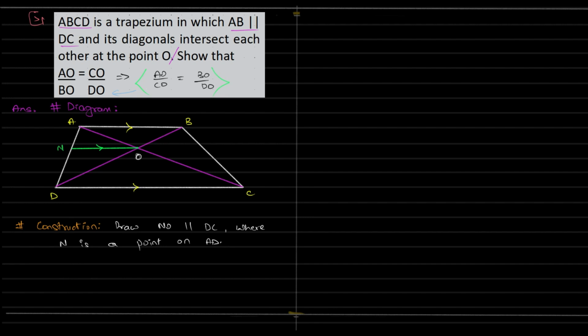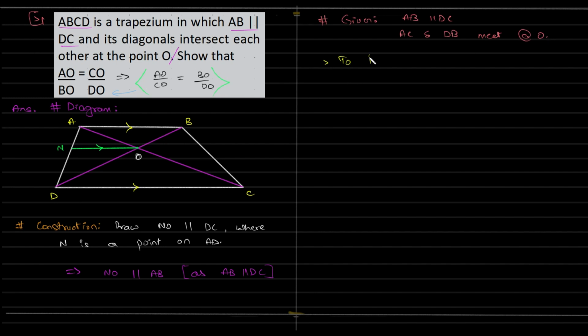This implies NO is also parallel to AB, as AB is parallel to DC. Make sense? And then we'll move on to what is given. AB is parallel to DC. Then AC and DB meet at O. Small things, nothing much.